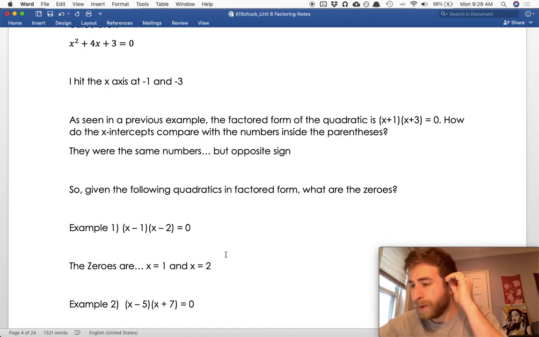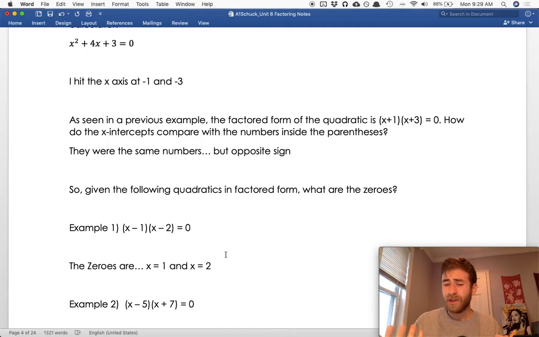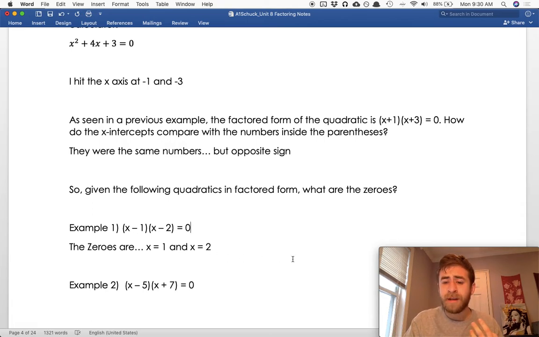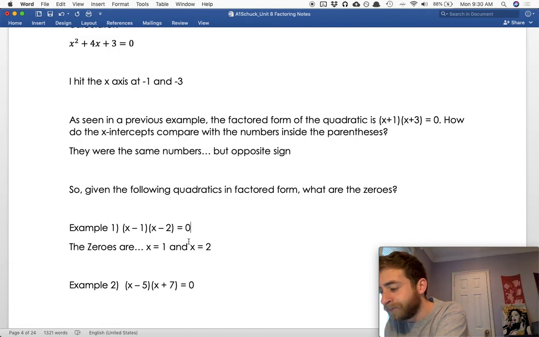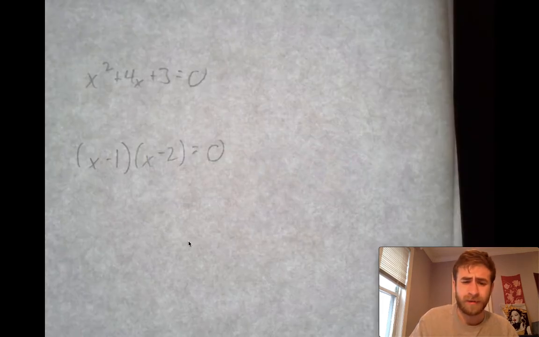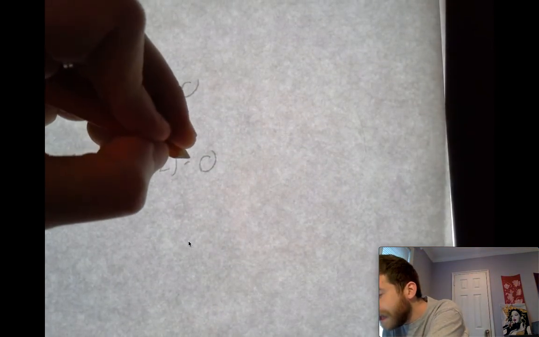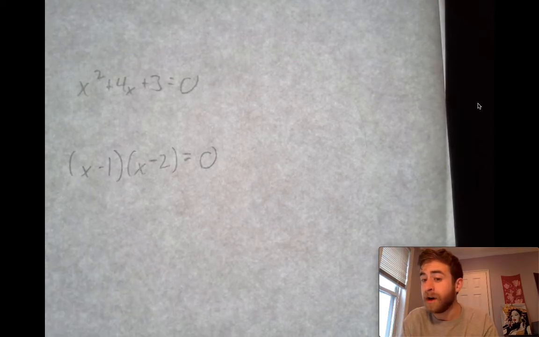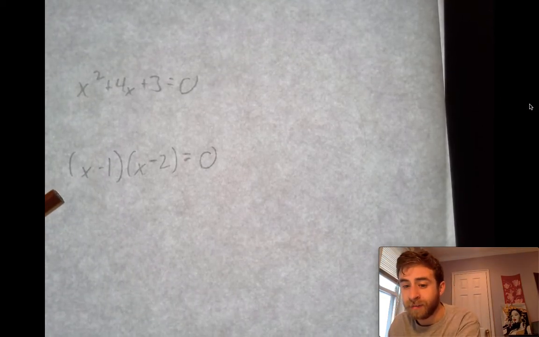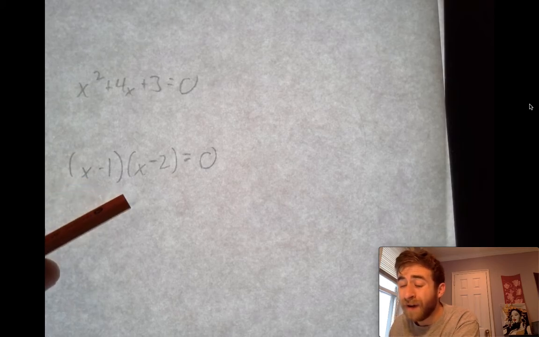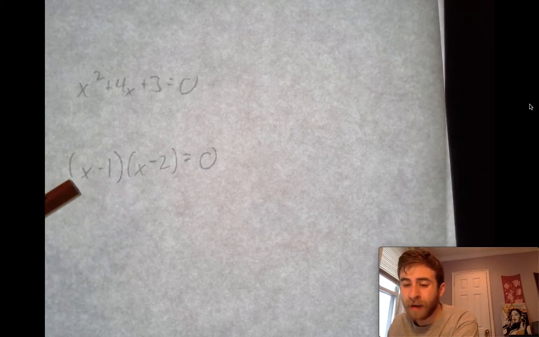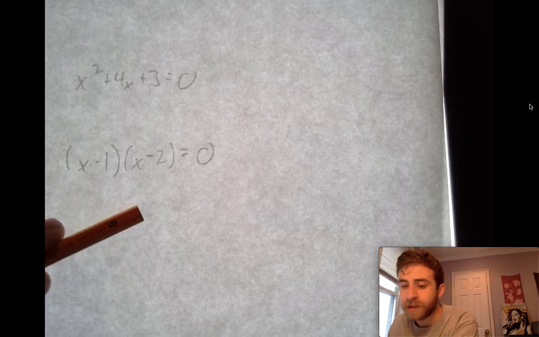I want to take a moment to look at why that works. You don't need to do this every single time, but this is why the solutions work and why we even call it the solution. So I'm going to copy down x minus 1 and x minus 2 equals 0. If I said, try to solve this to find what my x's could be, you might start by doing the FOIL, but then you'll end up with an x squared minus 3x plus 2 at the end.